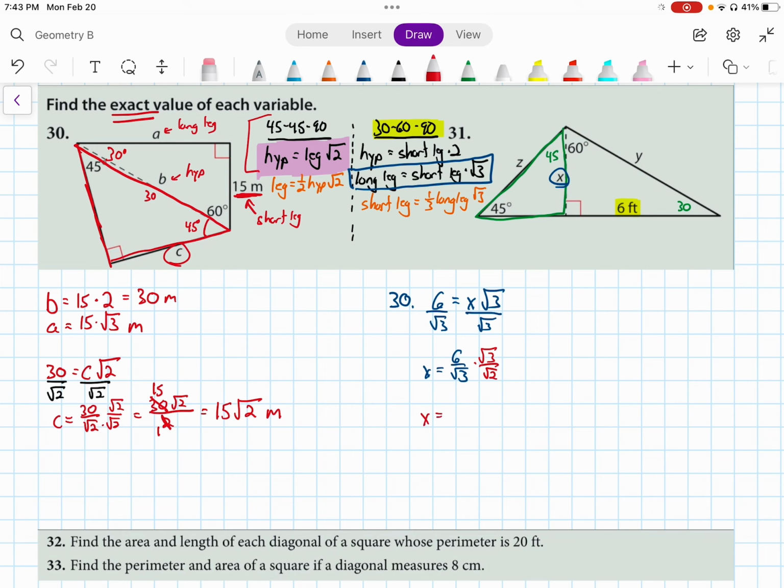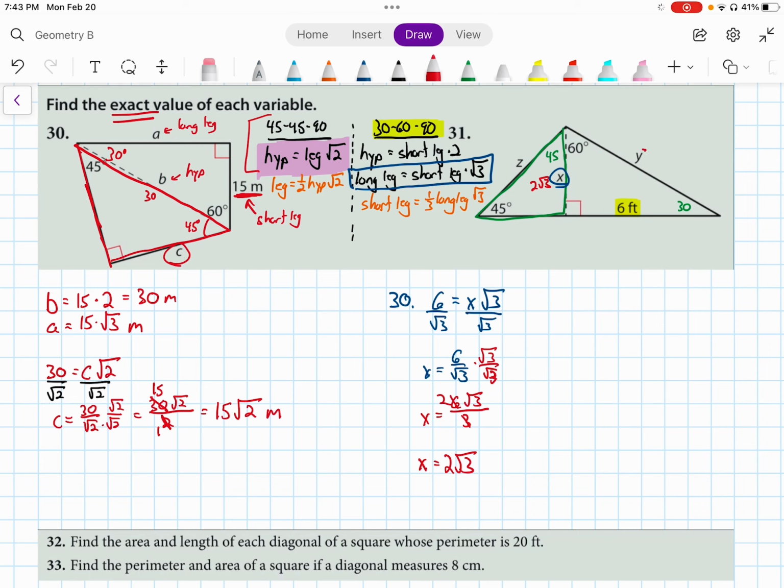We have x equals 6 root 3 over root 3 times root 3 is 3. And then these reduce to 2. And so x equals 2 times the square root of 3. Which is helpful because it's part of the 45, 45, 90 triangle as well.